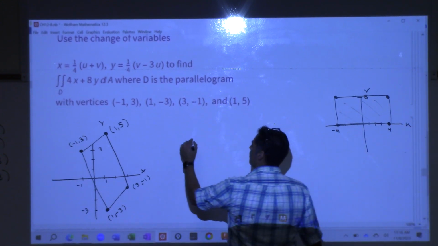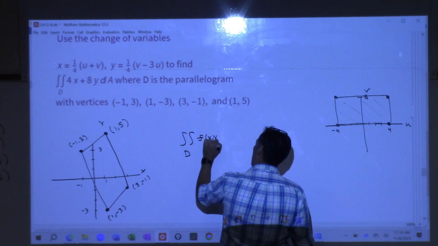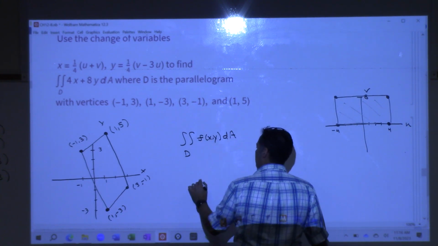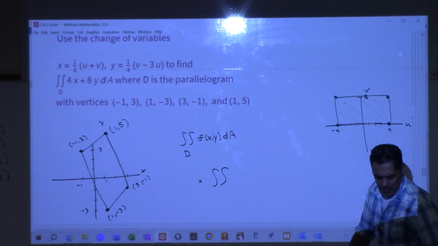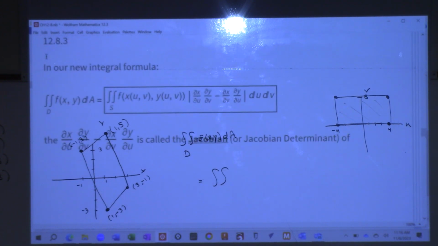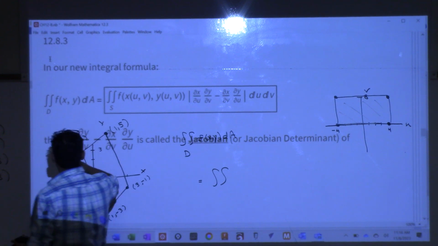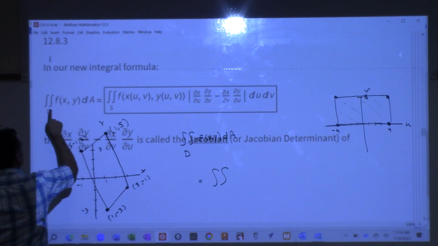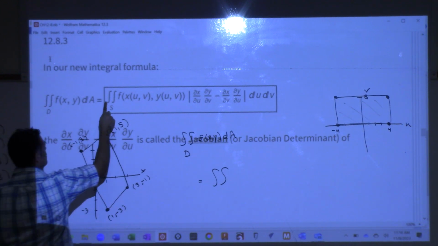So this integral, the double integral that we had over d of f of x, y, dA, is now going to become the double integral over, let me use what I had in the notes. When you do a change of variables, your original double integral over d, f of x, y, dA, now becomes a new double integral over s.